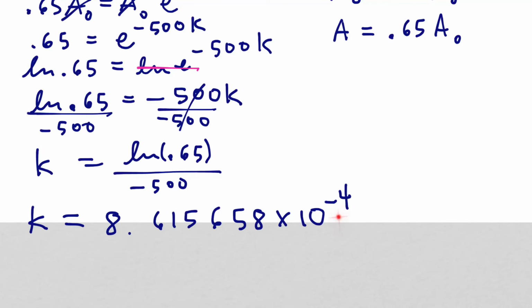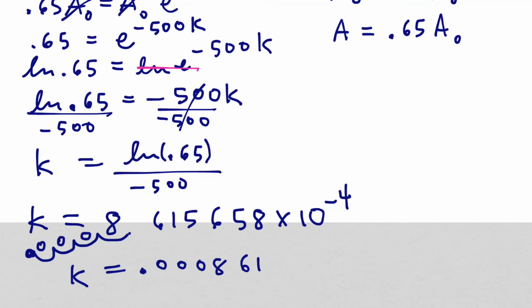This is what scientific notation tells you to do with this times 10 to the minus 4. So I've got 1, 2, 3, 4. So my k is equal to 0.0008615658, and that's the k I'm going to use.